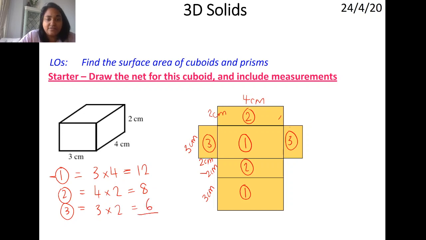So when I add those together, I get 12 plus 8 is 20, 20 plus 6 is 26. Then I can multiply that by 2, gives me 52 centimetres squared. Please make sure that's copied up into your notebooks.